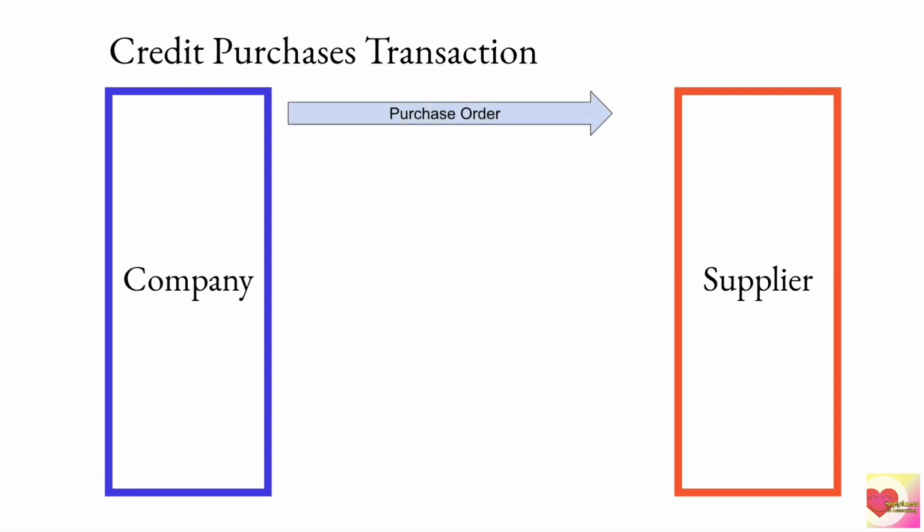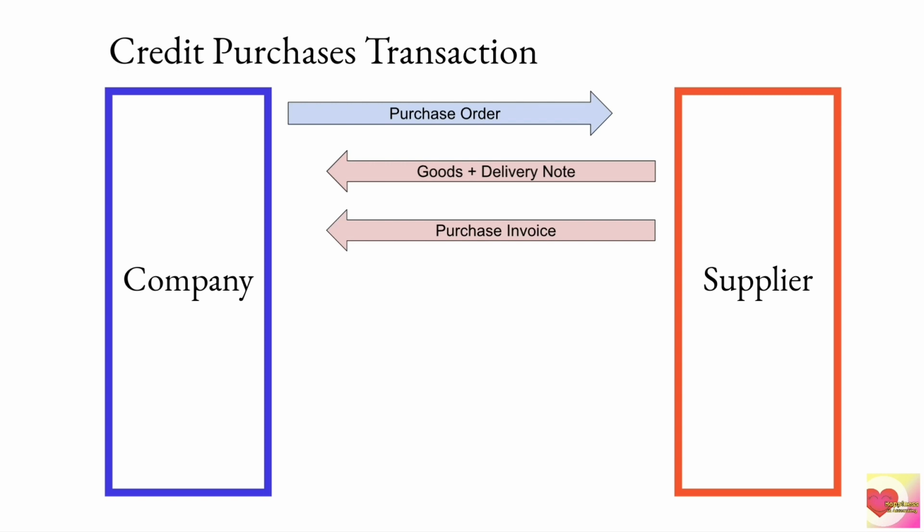First, the company will send a purchase order to the supplier. After confirming the order, the goods will be sent, so the company will receive goods plus delivery note from the supplier. The company who is the buyer will sign the seller's copy of delivery note confirming the receipt of goods. Then the company will receive an invoice from the supplier.